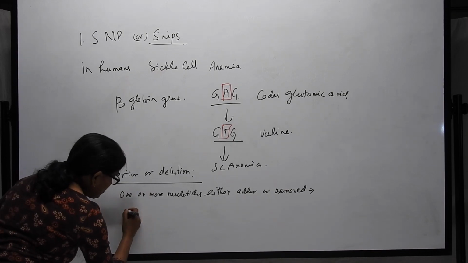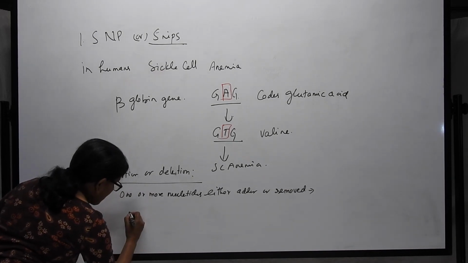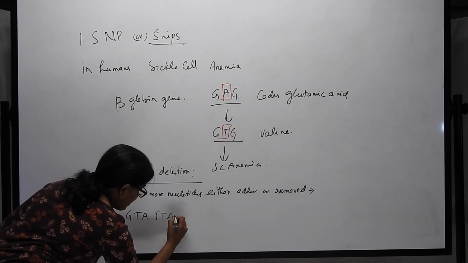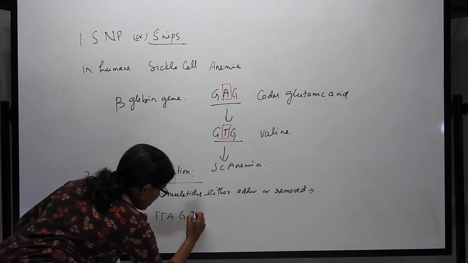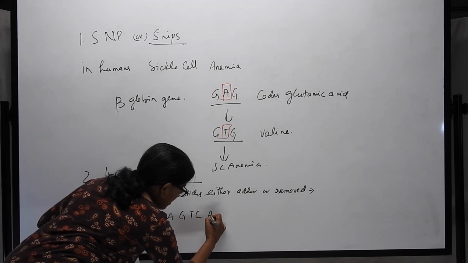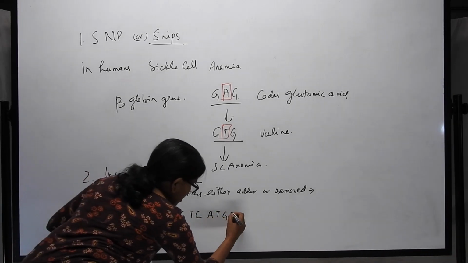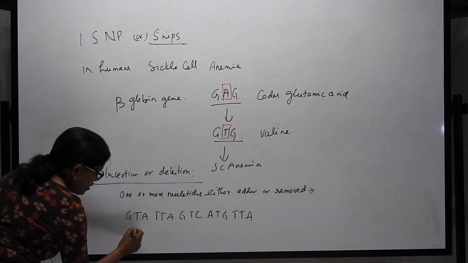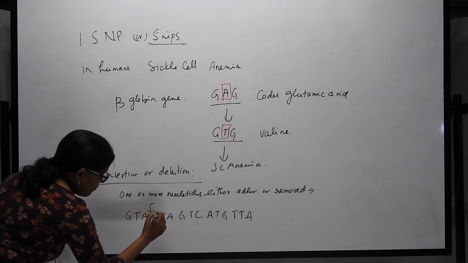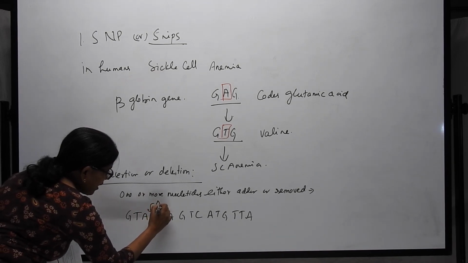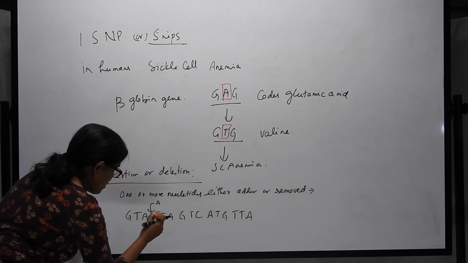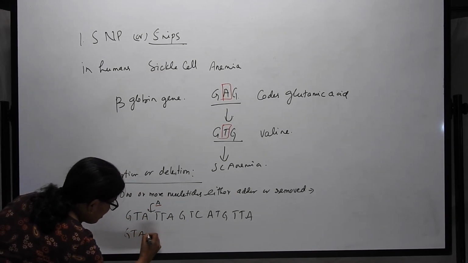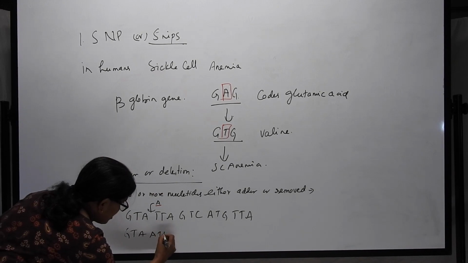For example, take the sequence TTA, GTC, ATG, and then TTA. If an A is added, one nucleotide, you will have GTA, ATT.